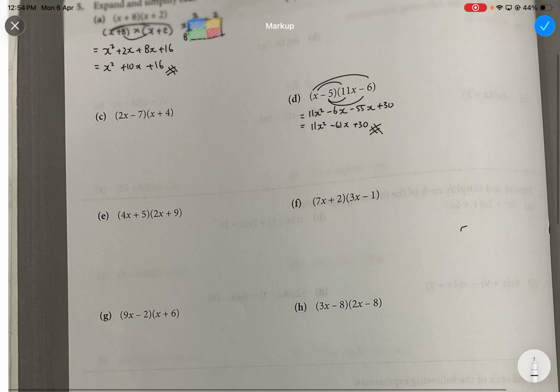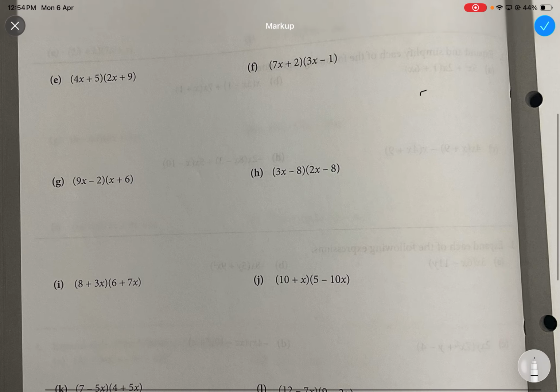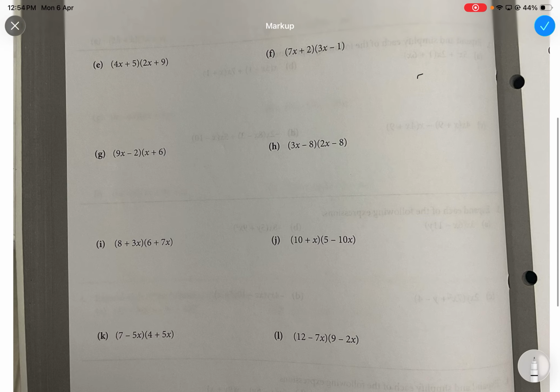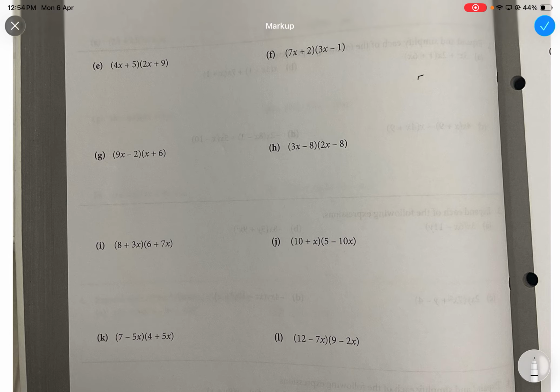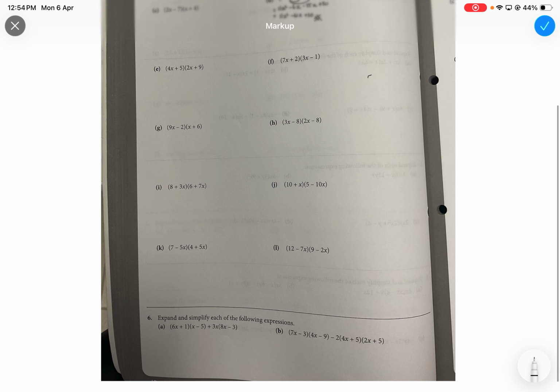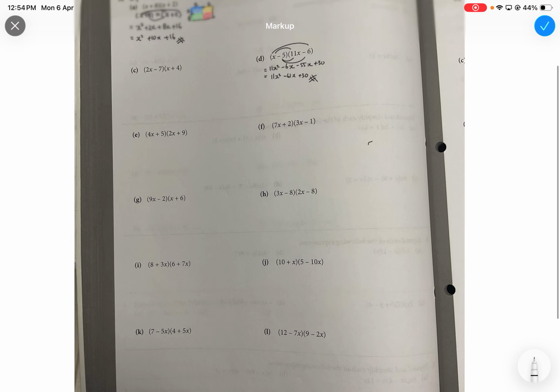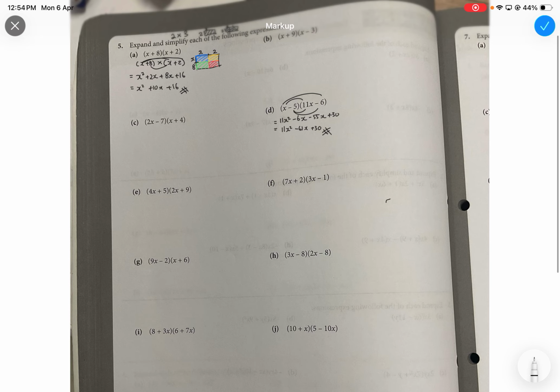B, C, E, F, G, H. Yes, complete all of question 5.